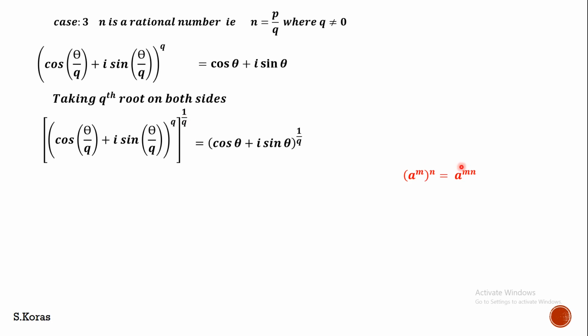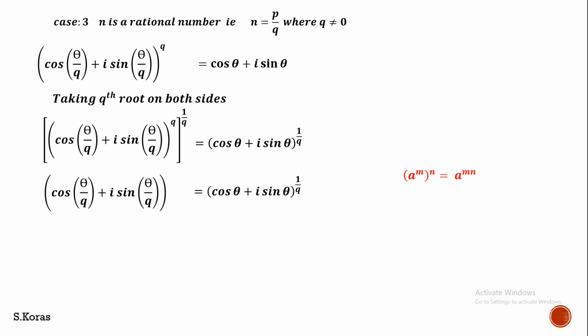The formula says that the powers should be multiplied. So if we multiply q into 1 by q, q and q will get cancelled. Our answer will be power 1. So in the next step, cos theta by q plus i sin theta by q is equal to (cos theta plus i sin theta) the whole power 1 by q.